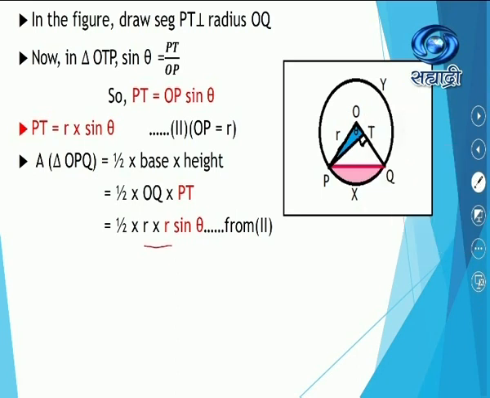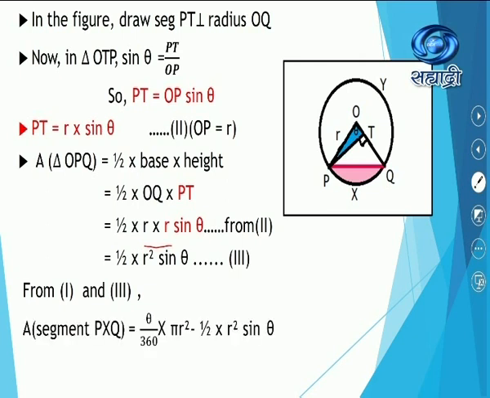Therefore, it will be half into R squared sine theta. Therefore, from 1 and 3, we can calculate the area of the segment PXQ. Area of segment PXQ is equal to theta upon 360 into pi r squared minus area of the triangle, that is half into R square sine theta.